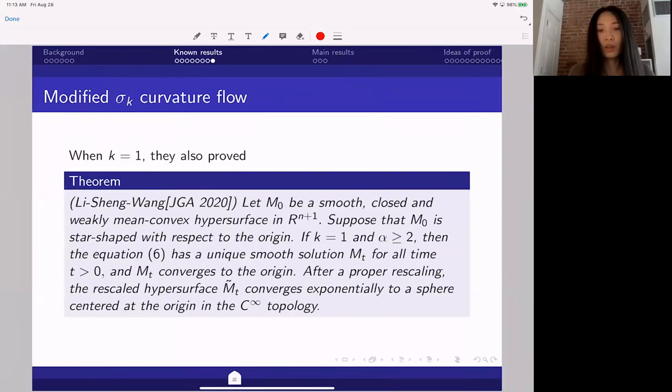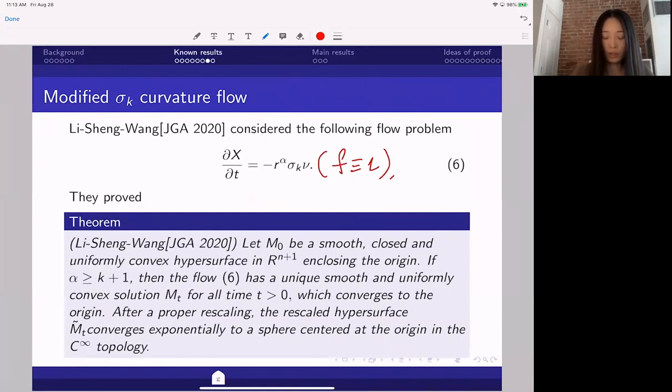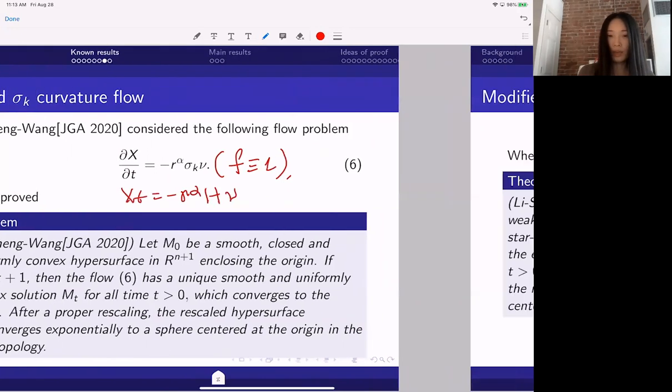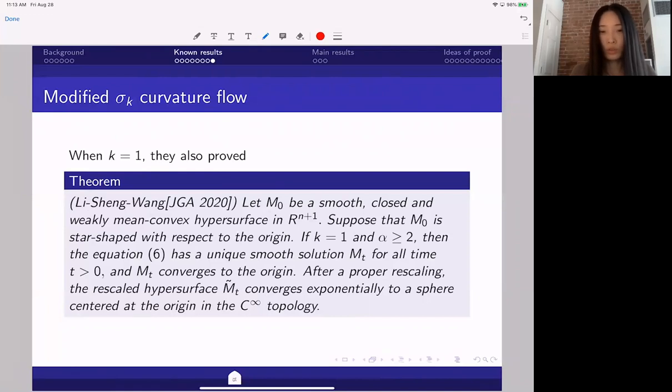And they also proved the special case when k equals 1, which is essentially the case x_t equals minus r to the alpha times mean curvature times nu. In this case, they proved that we only need to start with a weakly mean convex hypersurface, so the initial surface only needs to satisfy that H is greater than or equal to 0. Suppose that the initial surface is also star-shaped with respect to the origin, and alpha is greater than or equal to 2.